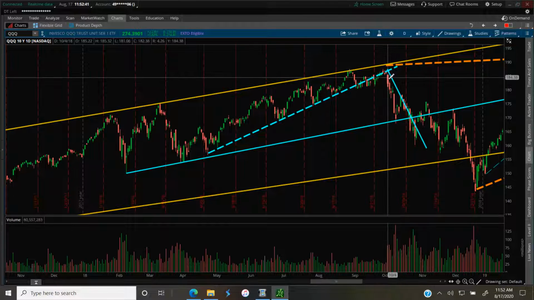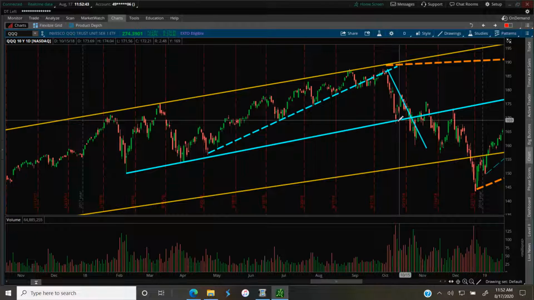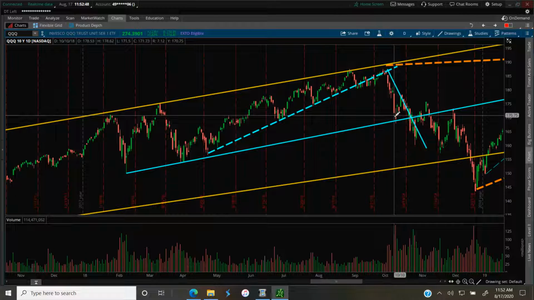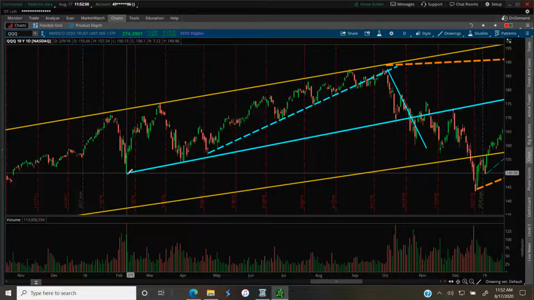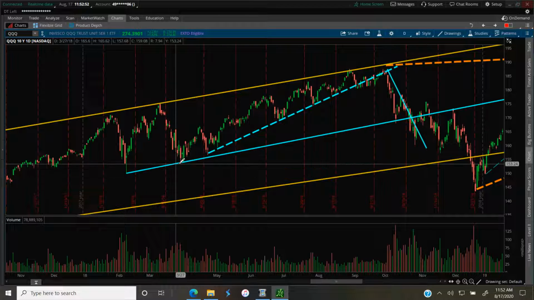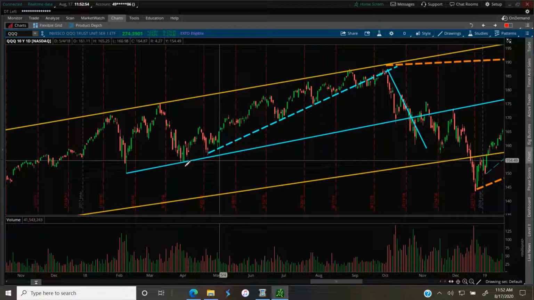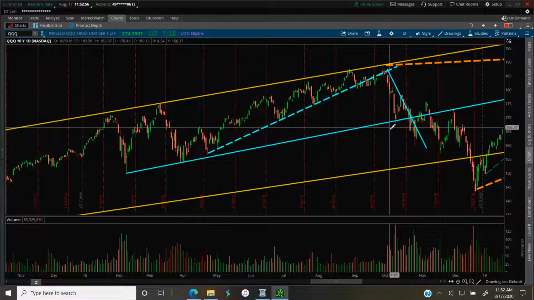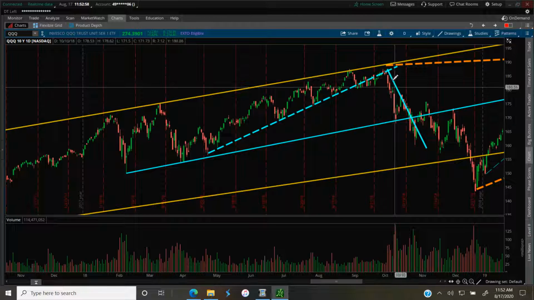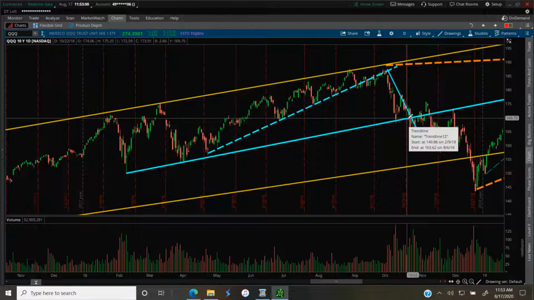You could have at least up to this area and then take profits around here. If you already have these lows drawn out waiting for you, then you wait for price to drop up to here.